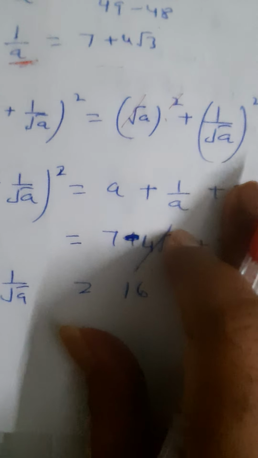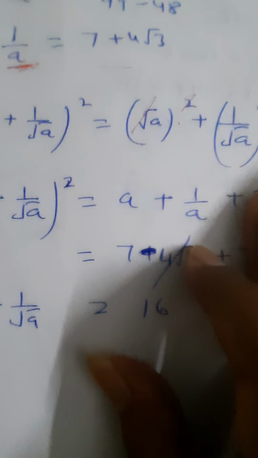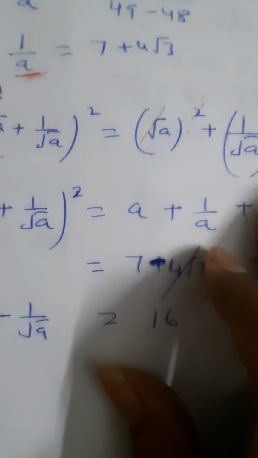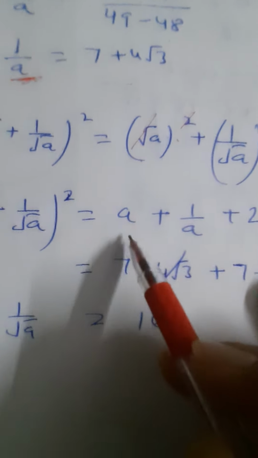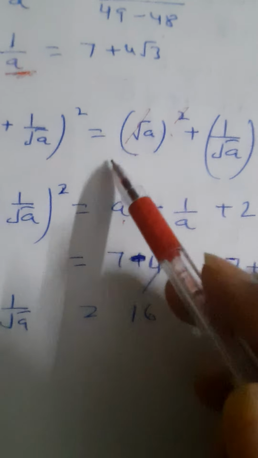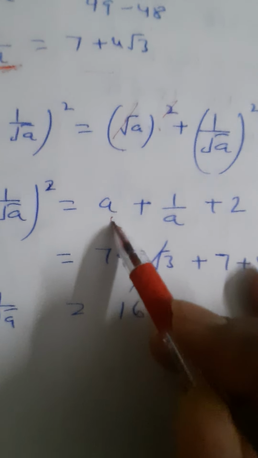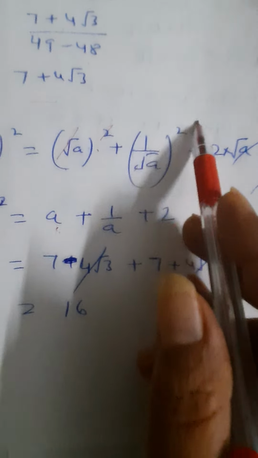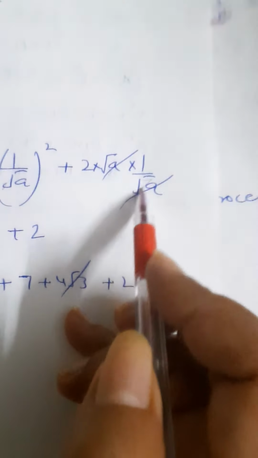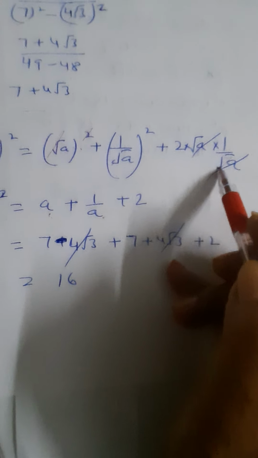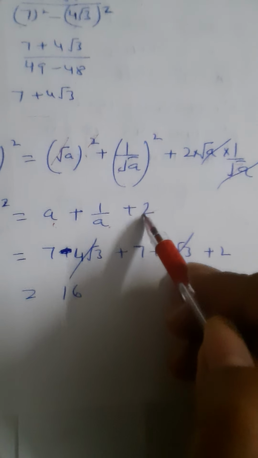Not actually cancelled, we have discussed earlier many of the time कि root means power half will get cancelled by 2. So in short we say okay, this will get cut by this a, and same here, this is 1 by a, and this root a will get cut by root a, so it will left only 2.